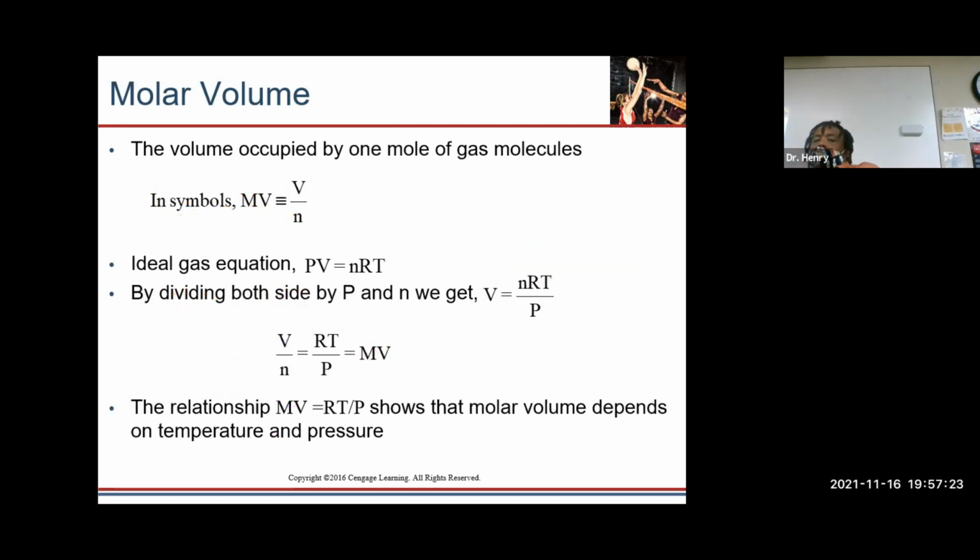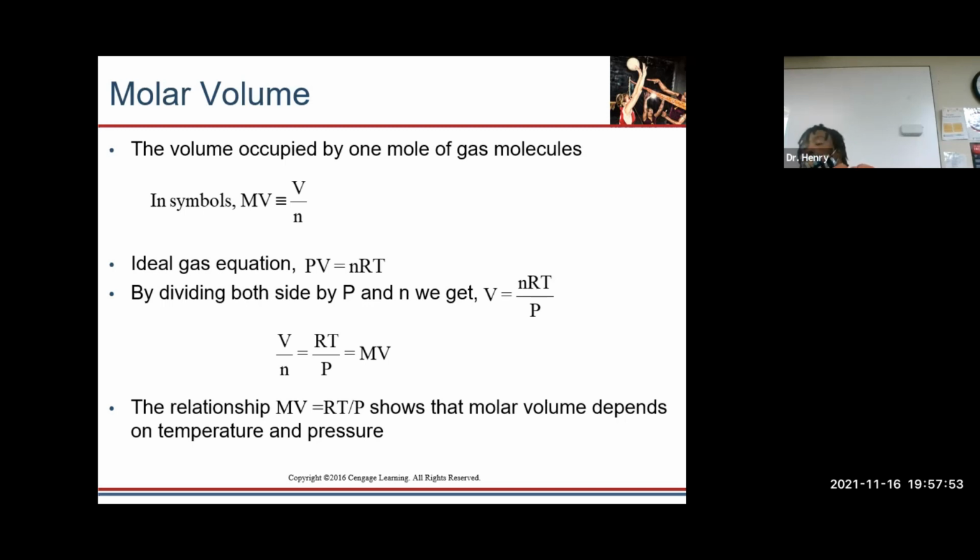So we can also calculate what we call molar volume. Molar mass, what are the units for molar mass?